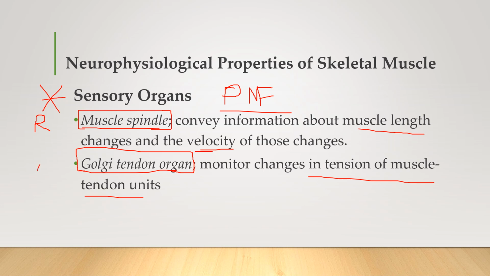And I'm going to write an A right next to here because we're going to try to stimulate the GTOs when we are using autogenic inhibition. Okay, so I'll give you a quick little spiel before I move on to the next slide about what those two really mean.